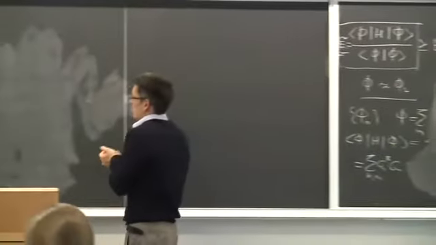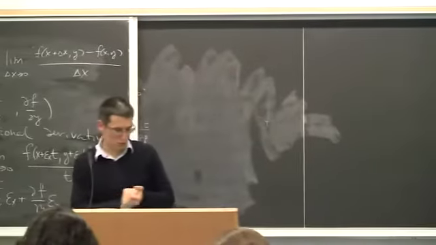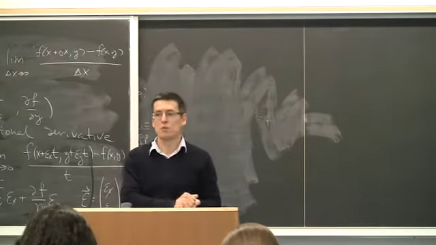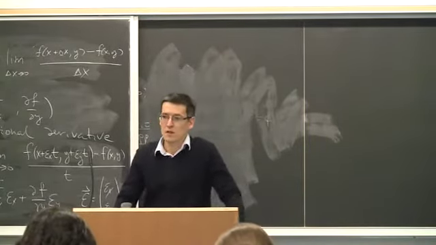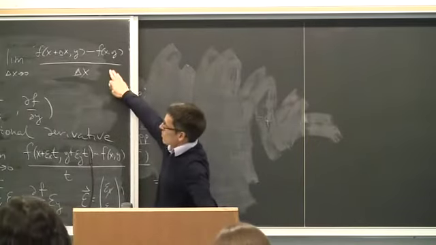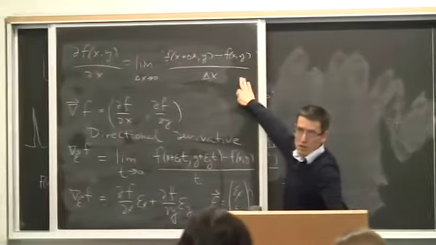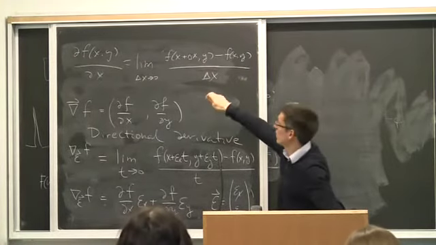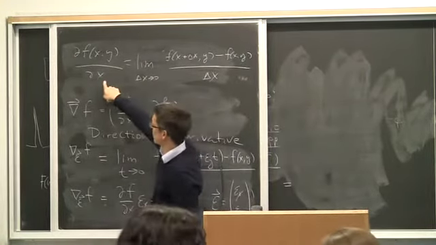Okay, back to derivatives. When we have one variable, it's all simple, right? When we have more than one variable, there are possibilities. The simplest one is the so-called partial derivative, where you change one variable, say the partial derivative with respect to x.